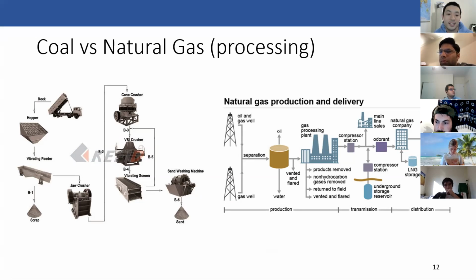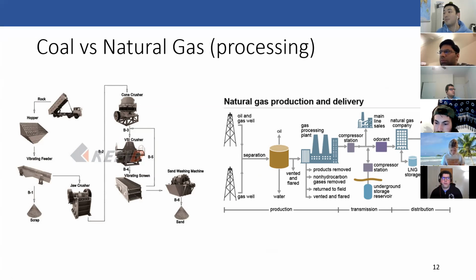For natural gas, it's quite a bit different. So as I was mentioning before, there are a lot of impurities, right? So you've got it in the sort of high pressure fracking fluid. You've got a whole bunch of stuff in there. You've got oil, you've got water, you've got a bunch of impurities.